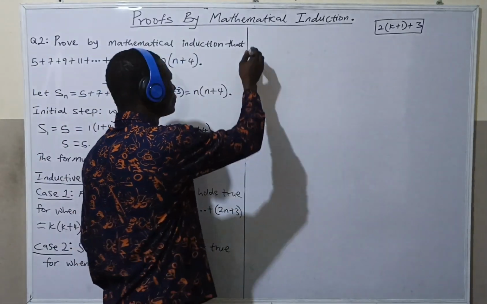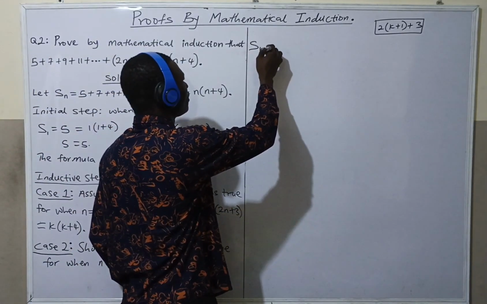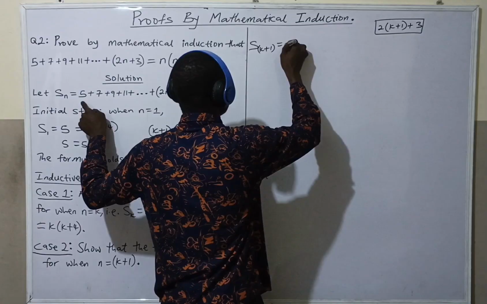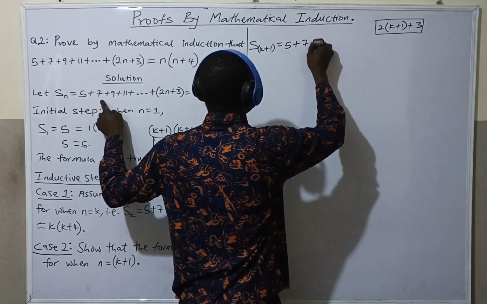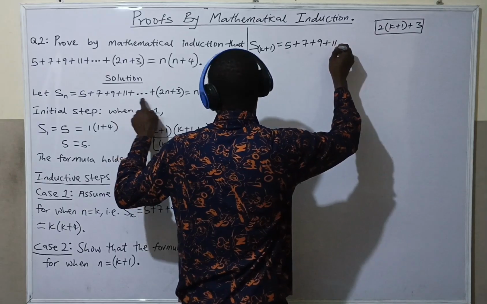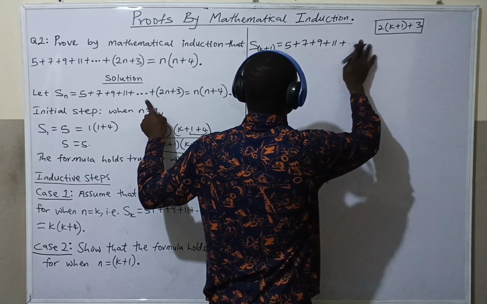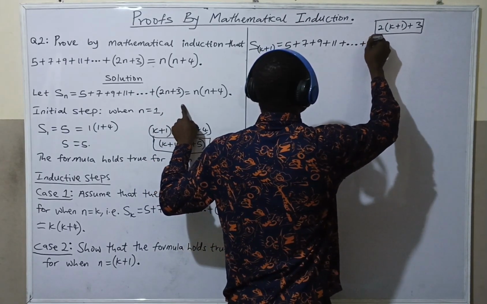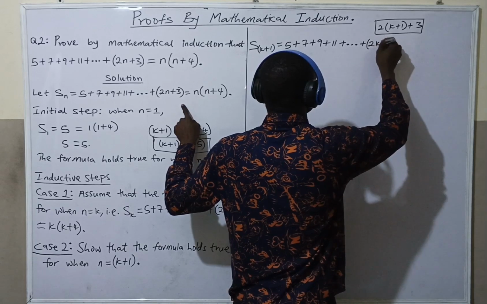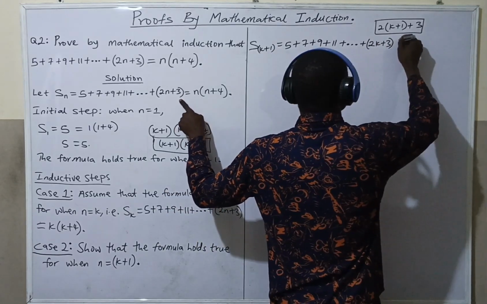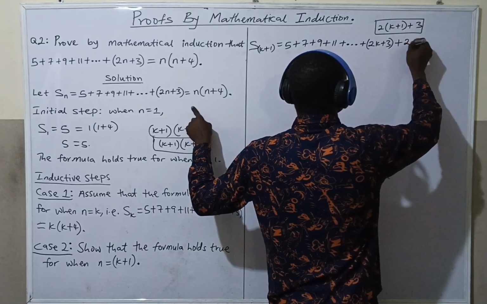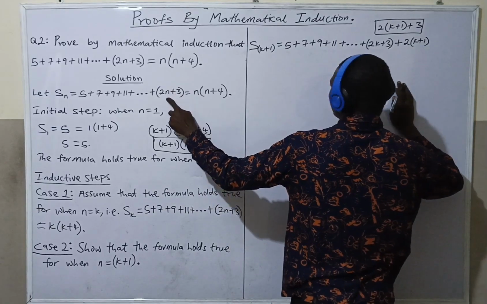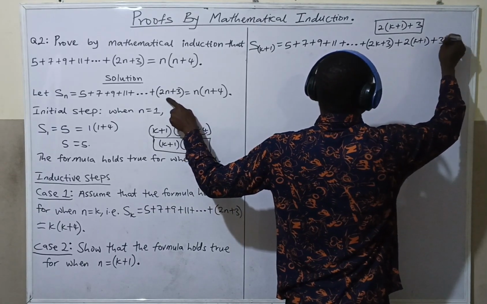So that's going to be s subscript k plus 1, like we had it, must be equal to, and the first step is going to be 5 plus 7 plus 9 plus 11, and then plus, the list goes on and on, plus dot dot dot, and then plus 2k plus 3, first of all, before you now say plus this particular one, 2 brackets open, k plus 1 representing the first n here, and then plus 3.